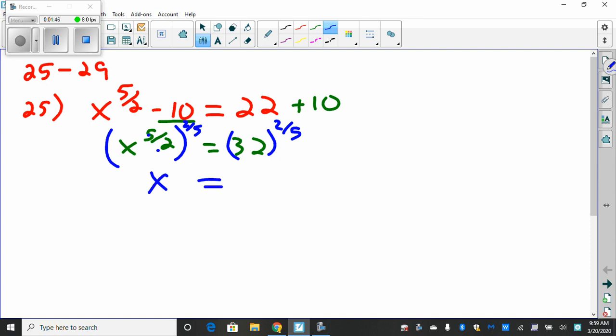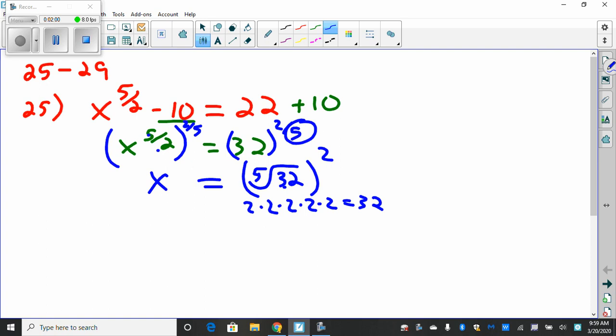Here you have the 5th root of 32. Remember, take the root first. So, in my head, I'm doing this problem here. And I know the 5th root of 32 is 2 because 2 times 2 times 2 times 2 times 2 equals 32. So that means x equals 2 squared, which is 4.